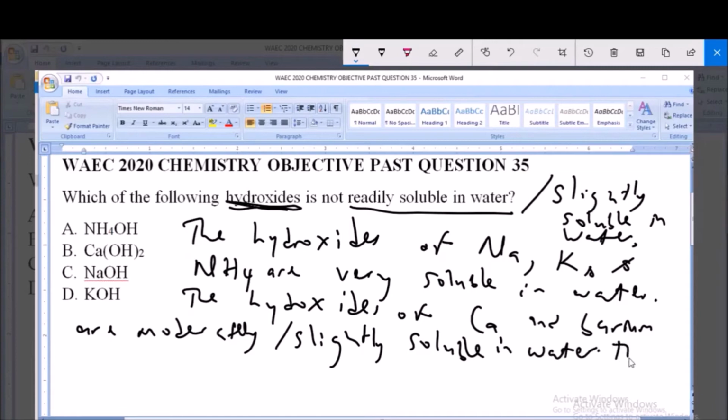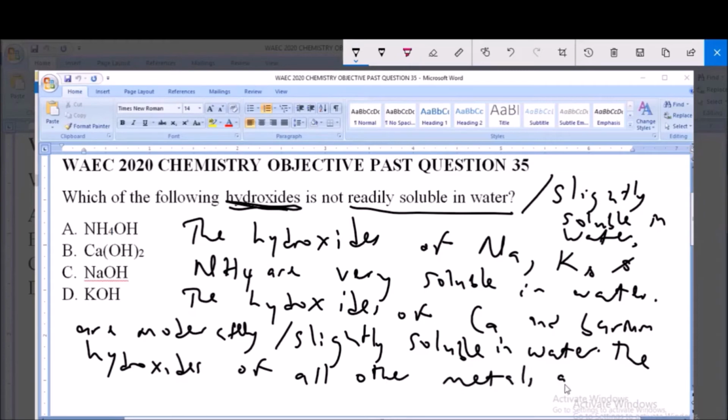And then the hydroxides of all other metals are insoluble in water. So this is the rule to remember that guides the solubility of hydroxides.